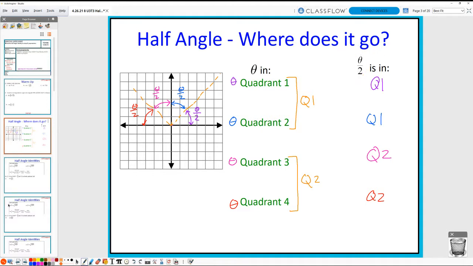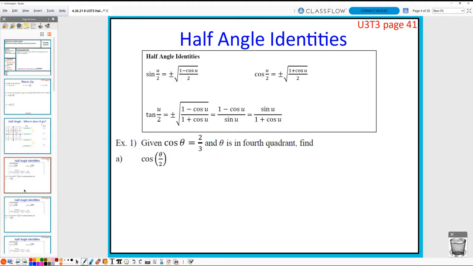And again, the reason why this is important, let's take a look at an example and see how this comes into play. I know that the cosine of theta in this question is 2/3, and they tell me theta is in quadrant 4.